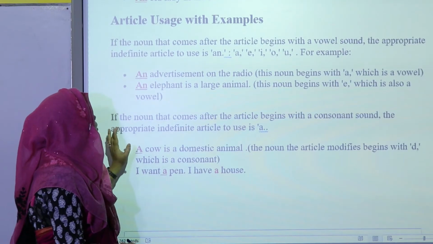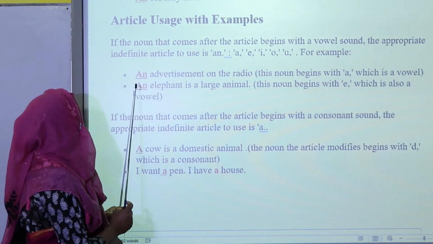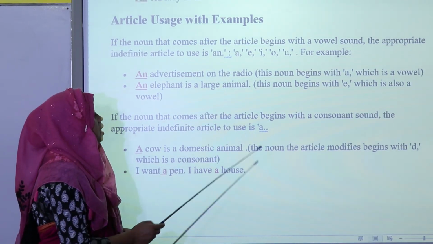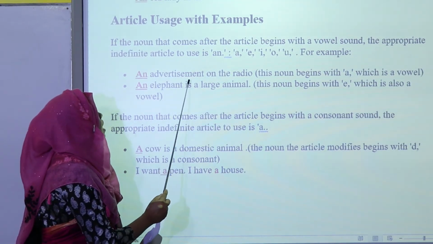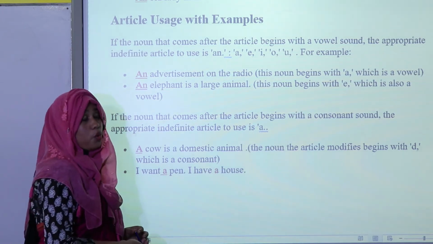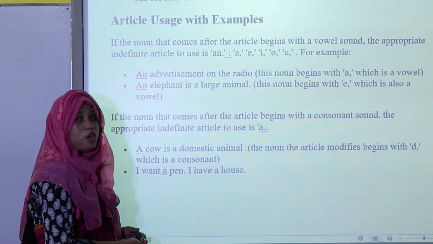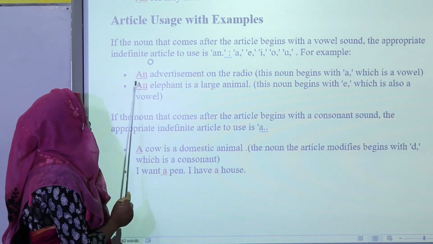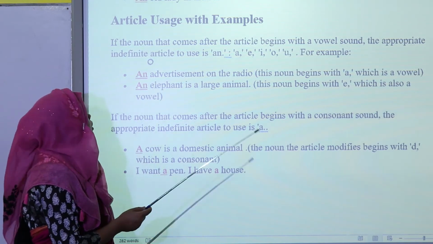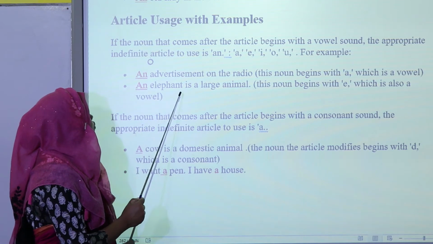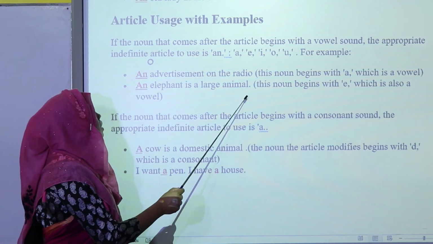Here are some examples. The first one: an advertisement on the radio. This noun, advertisement, begins with A, which is a vowel. We know the vowels are A, E, I, O, U. Here the vowel A, and that's why I use an. The next example: an elephant is a large animal.